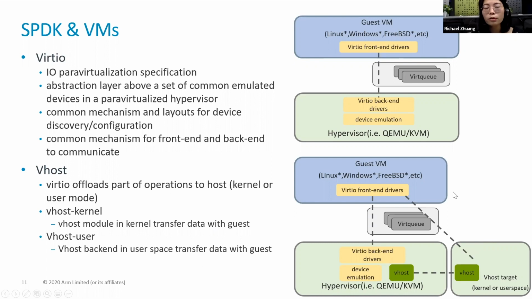And for Vhost user, it's the Vhost backend in the user space that transfers data with the guest. So the Vhost user protocol makes it possible for guests to transfer I/O data with a user space process like SPDK.